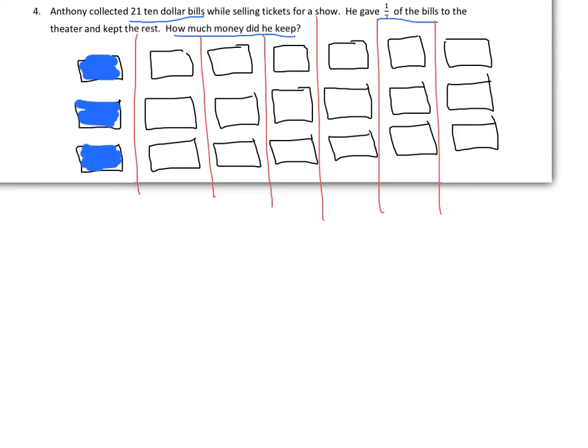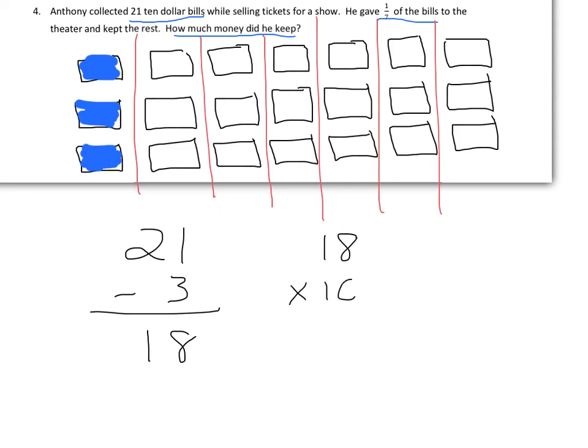So, Anthony ended up giving 3 $10 bills back to the theater. Anthony had 21 $10 bills, and he gave up 3 of them back to the theater, so that leaves him with 18 $10 bills.